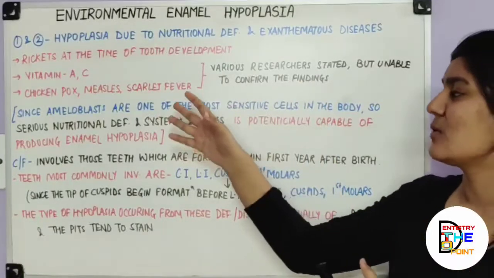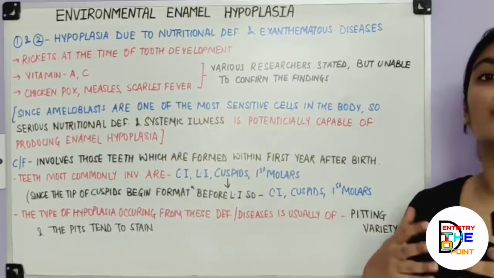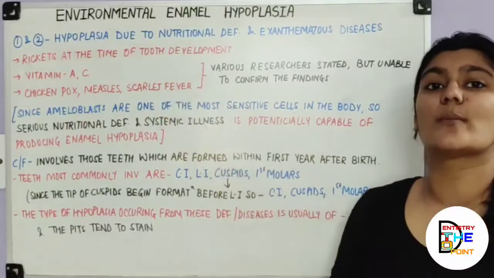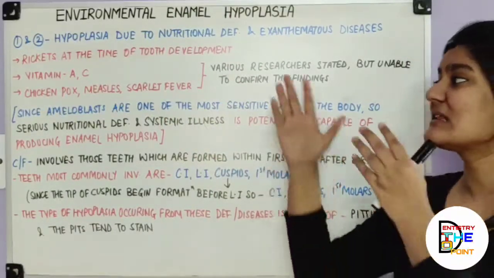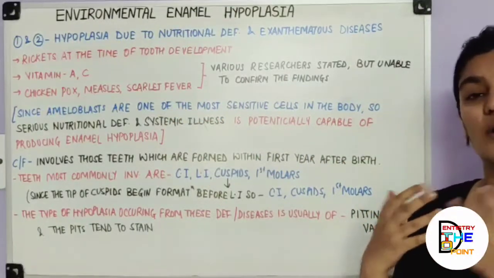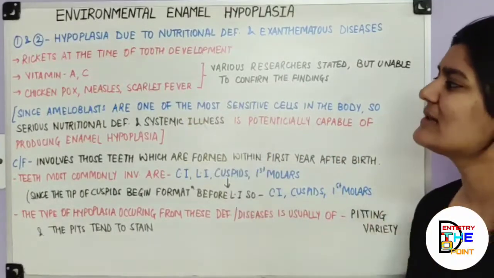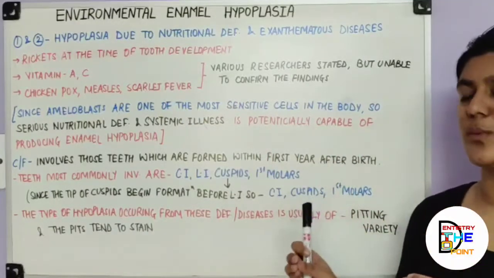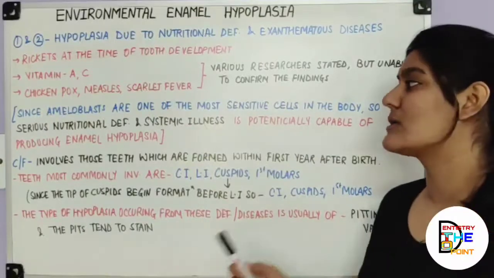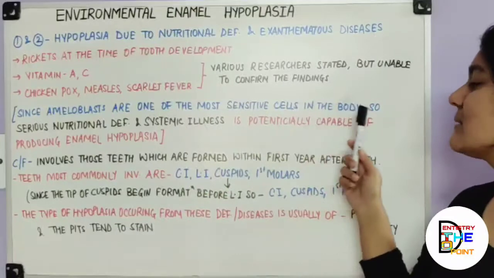Now they said this, okay, and various researchers stated such things, but they could not confirm the findings. So there is not a strong basis behind these findings. They just stated that these could be the reasons, but they could not give an accurate or appropriate reason as to why these are the causes. What they said is that final statement which was given, which I mentioned earlier also, that ameloblasts are one of the most sensitive cells in the body.